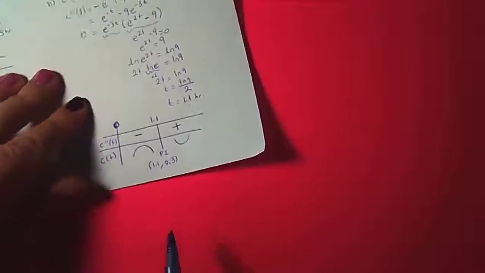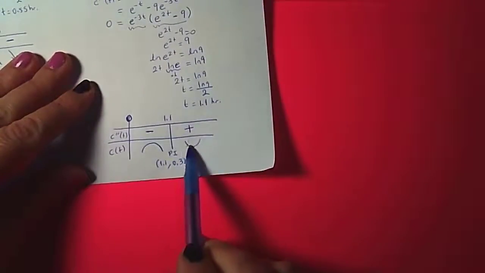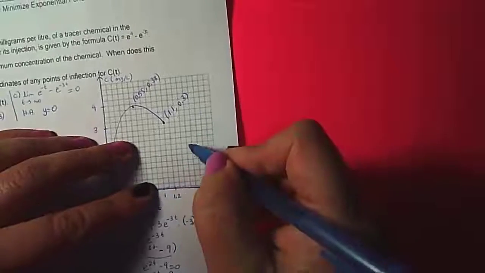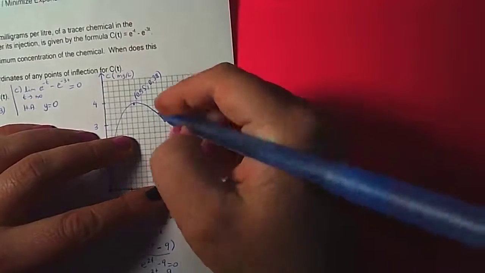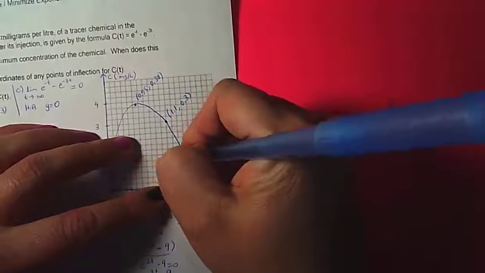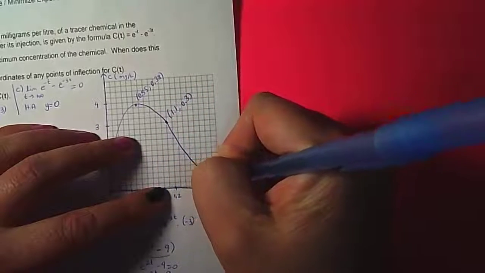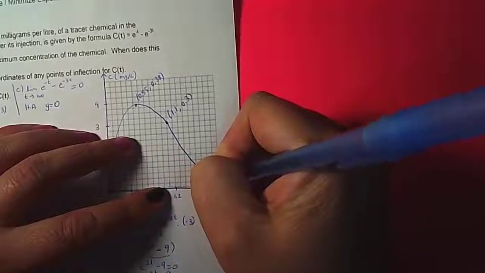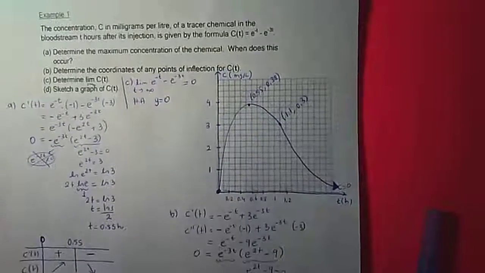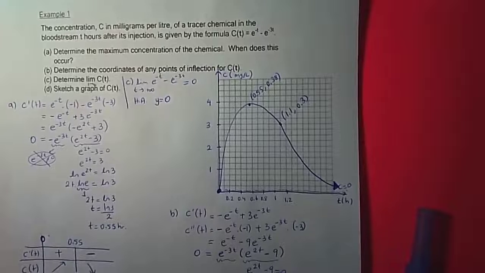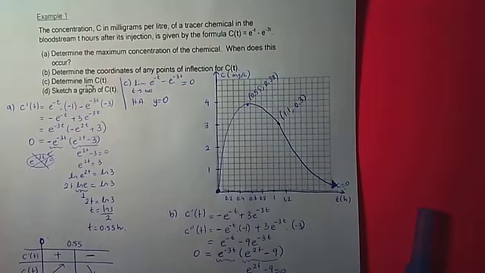After that, the function is concave up. So I'm going to draw something concave up here, and I need to approach the asymptote. And this would be the sketch of this function. I'm going to do another video for the second example.